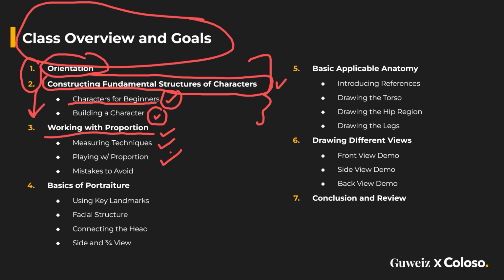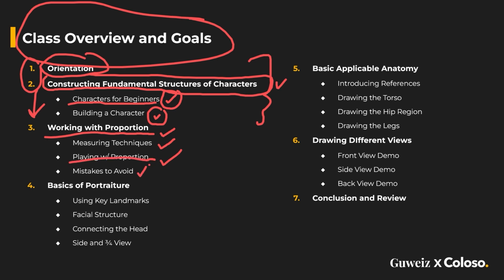So knowing exactly how proportion works is not only going to allow you to draw more characters, as I mentioned, but also draw that one particular set of proportions very well, because now you understand what is beyond, right? If I want to make the shoulders a bit wider, what does that mean? If I want to make the legs a bit longer, what does that mean? So all this information is going to be included in this particular chapter, playing with proportion.